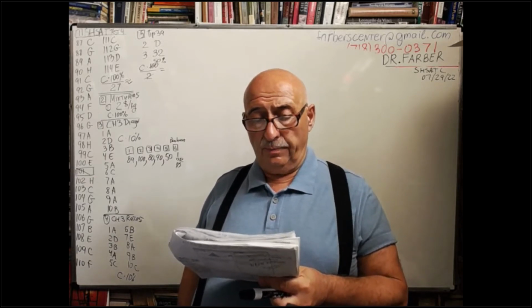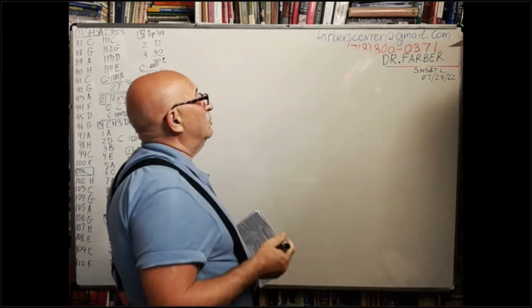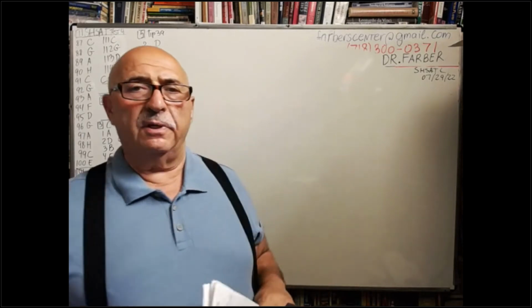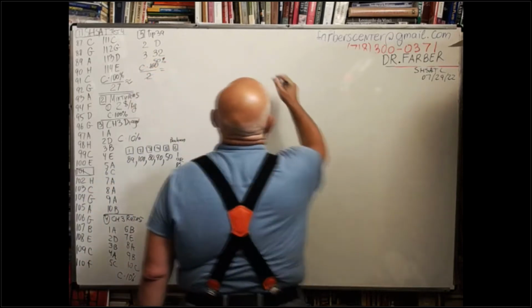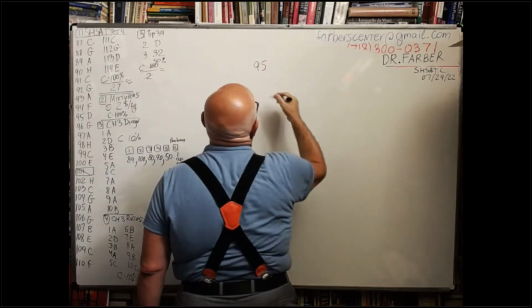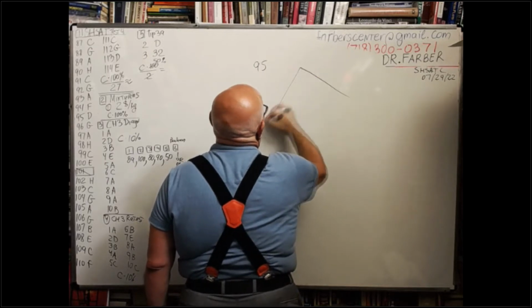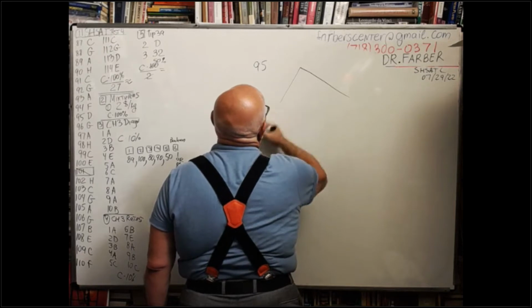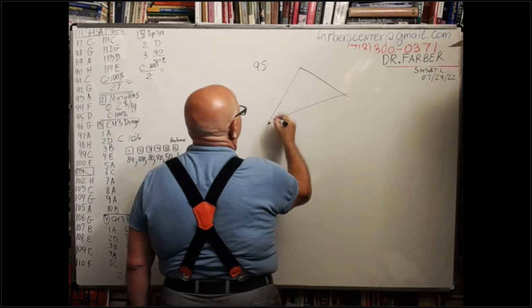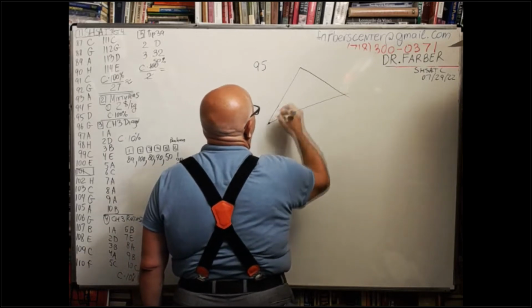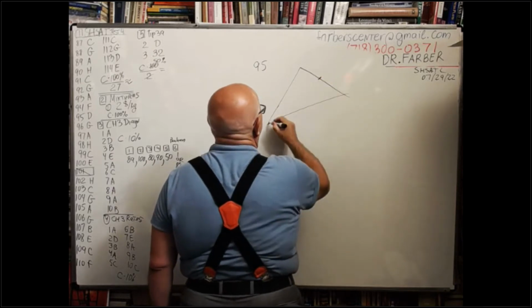Okay, thank you. So let me make a picture for illustration. I'm not going to use Cartesian coordinates and put all these numbers, a waste of time, just a general observation of this problem. 95, property of median. To know what a median is, pretend I have a scalene triangle, not isosceles, just scalene. A median is if I take any vertex and find the middle of the opposite side and connect them.